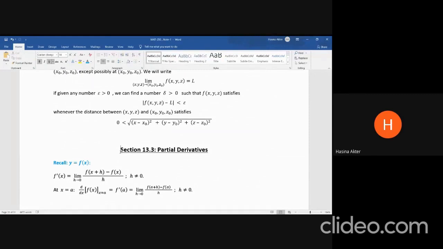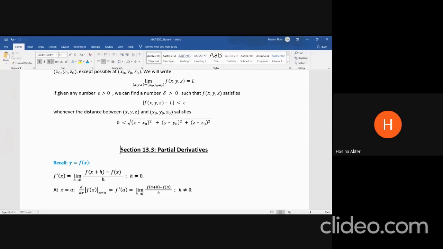If a function of a single variable is differentiable, then the function is definitely continuous. I repeat, if a function is differentiable, then the function is definitely continuous. But if the partial derivatives of a function exist at some point, then the function is not necessarily continuous at that point.